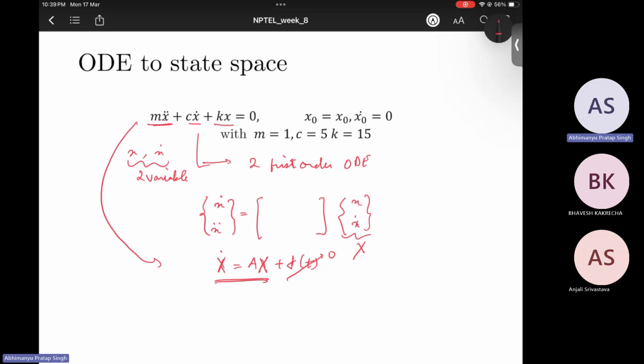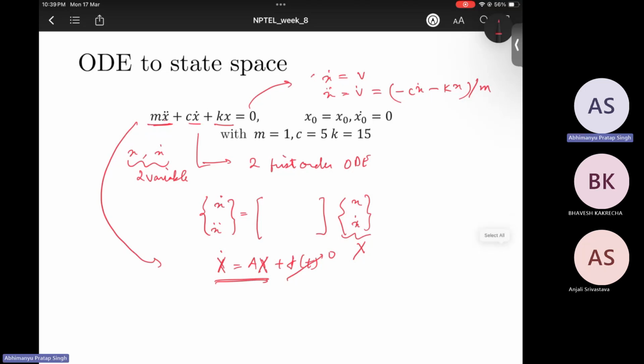Fine. So if I take my x dot as one variable v, then my x double dot becomes v dot. And similarly x double dot becomes minus c x dot minus k x divided by m.